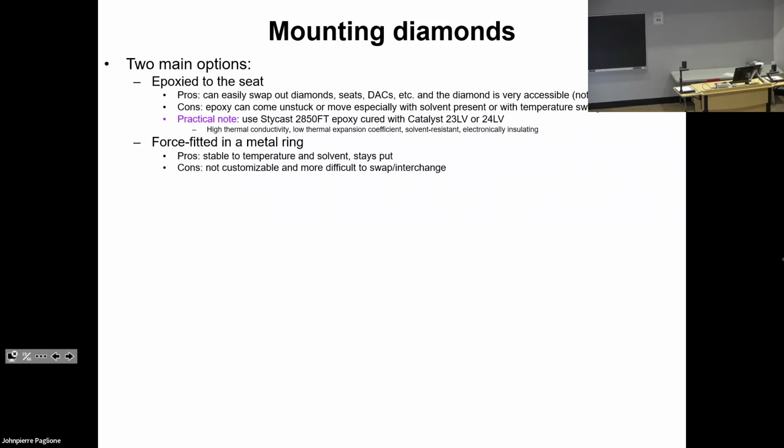Overall, it's good that we are giving out these slides. Hopefully some of the little practical notes here, if you're doing diamond anvil cell experiments, will actually be of use. I really like using this particular epoxy with this particular curing catalyst, just because it's a really robust epoxy that has a very low coefficient of thermal expansion, is really resistant to solvent, and is electronically insulating, so it works pretty well.